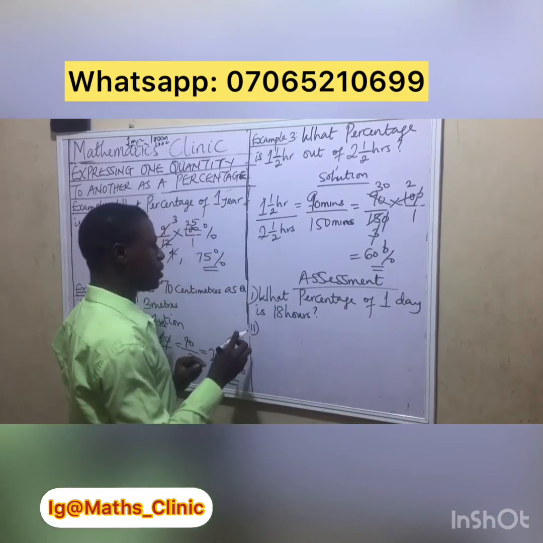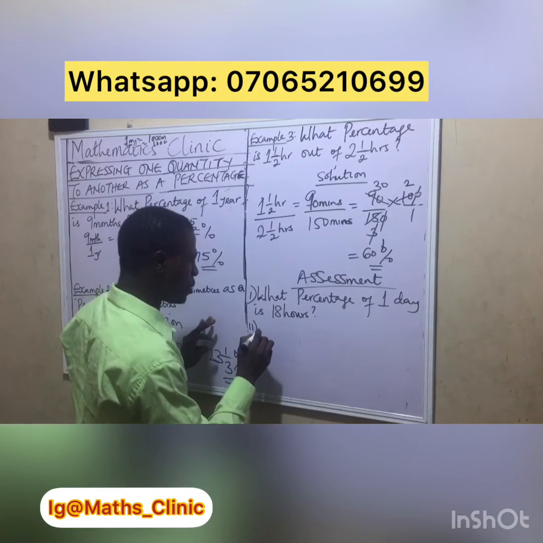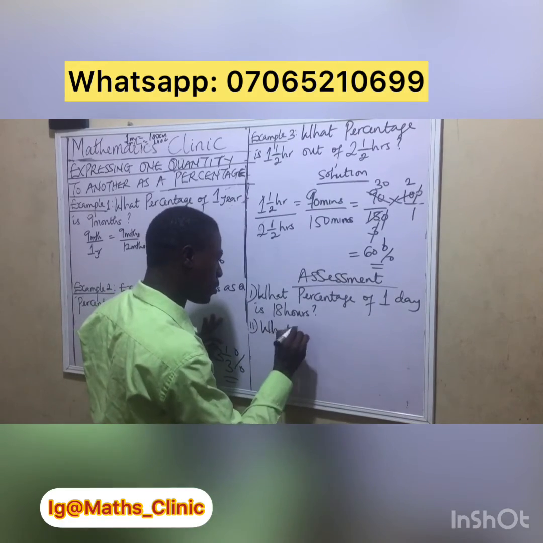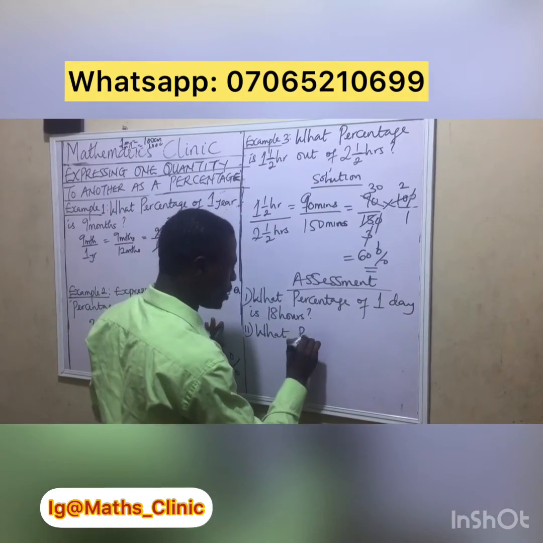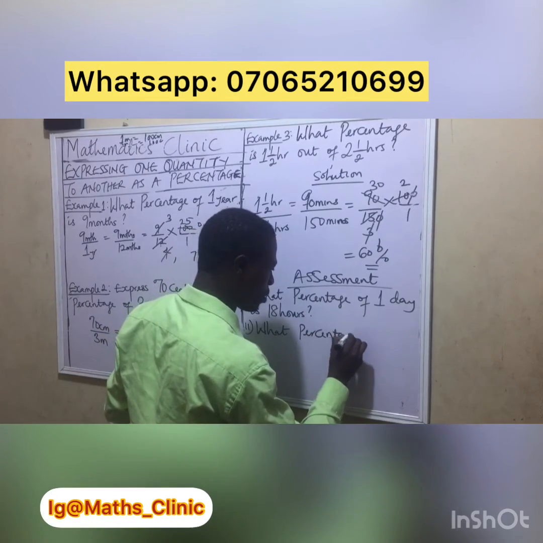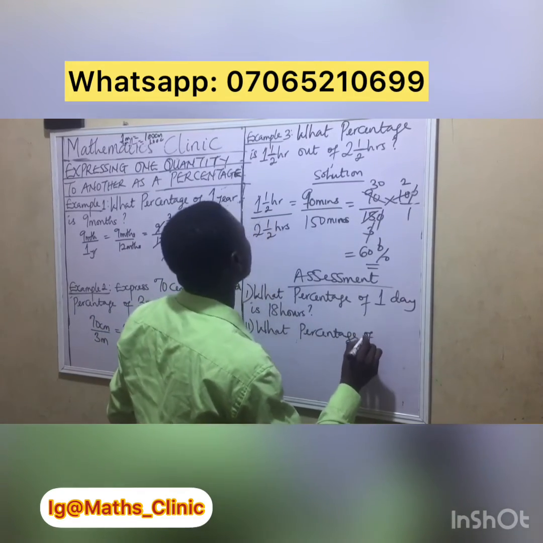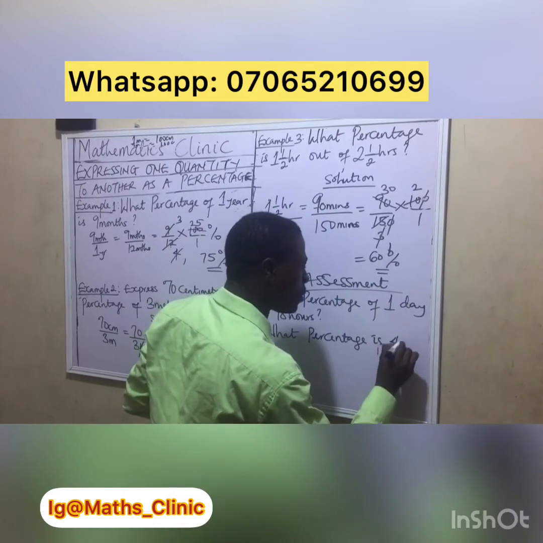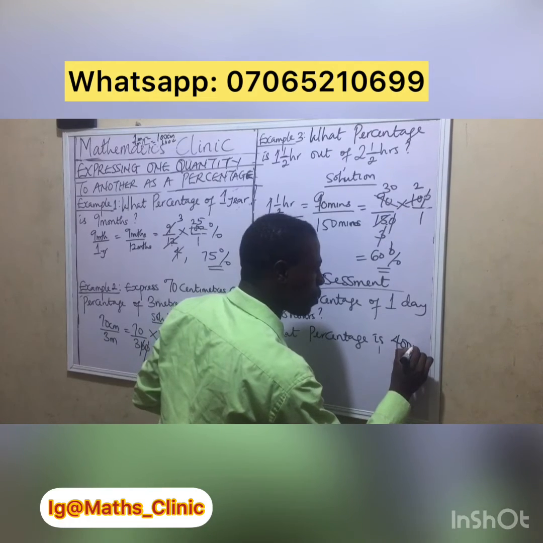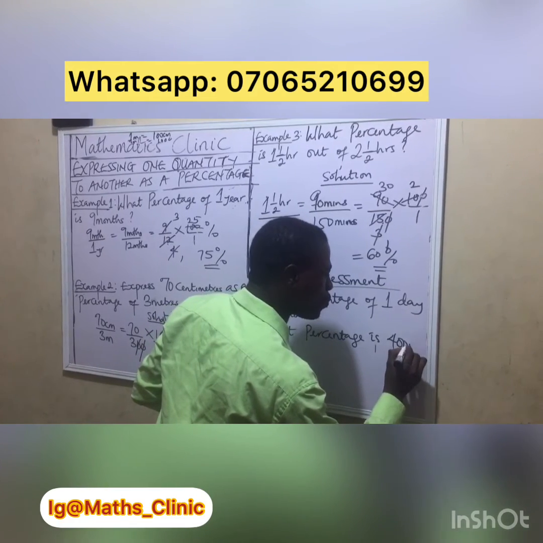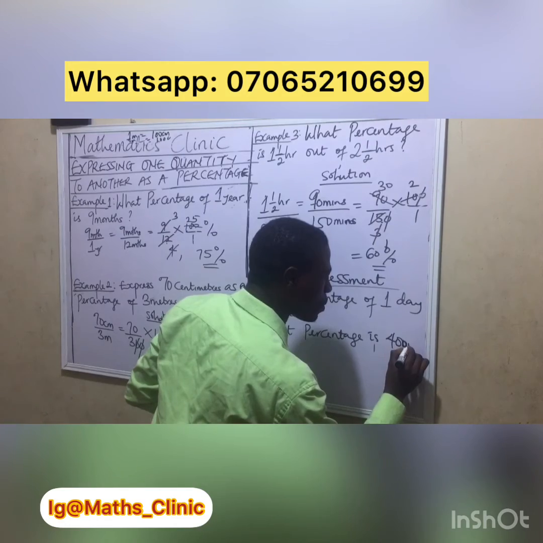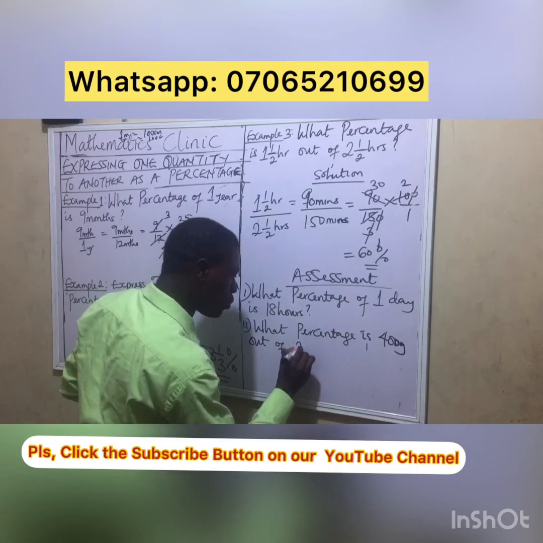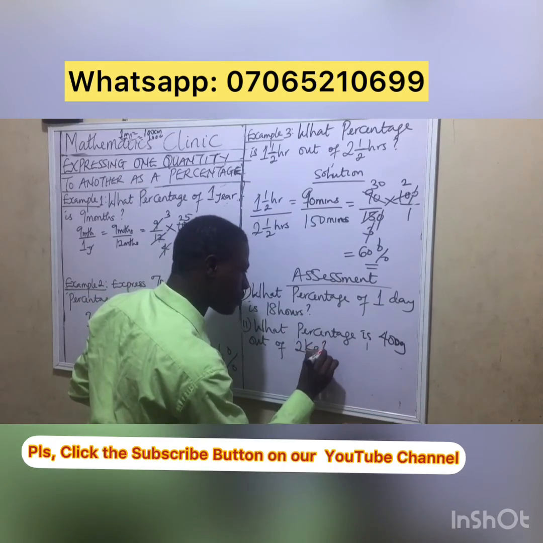Number 2: what percentage is 400 grams out of 2 kilograms?